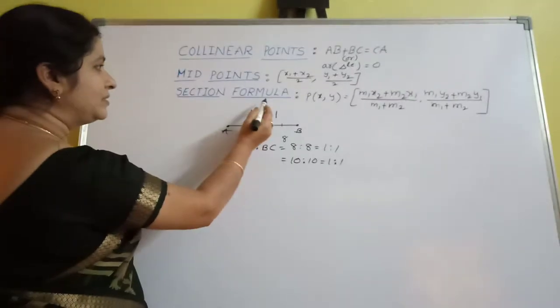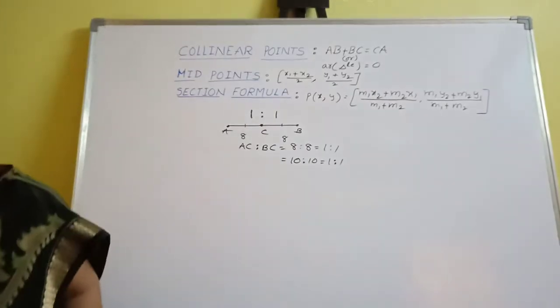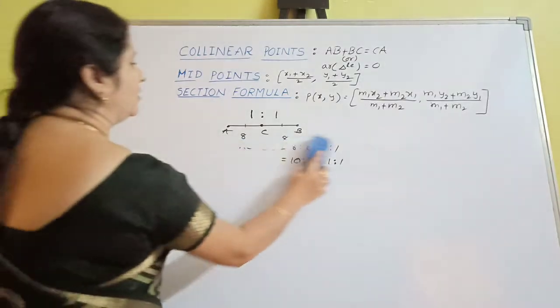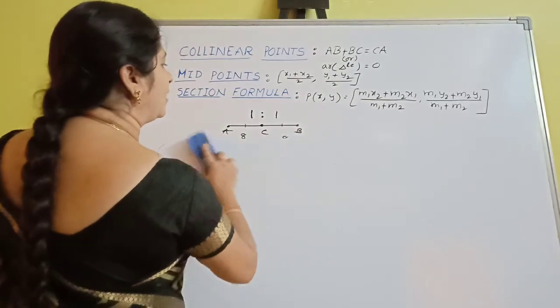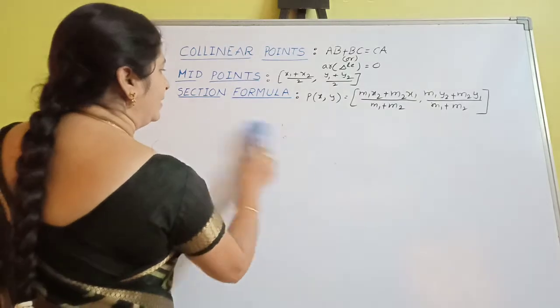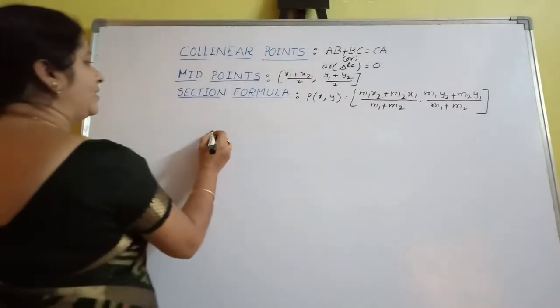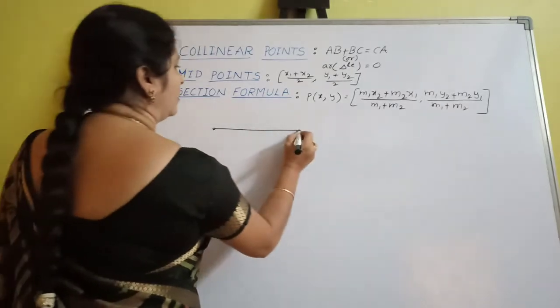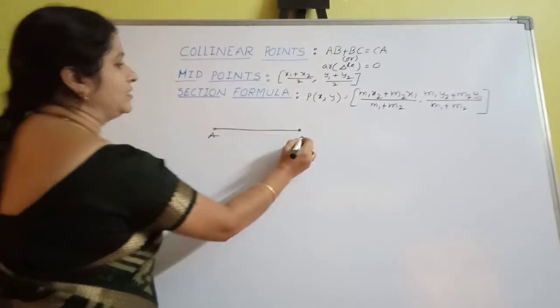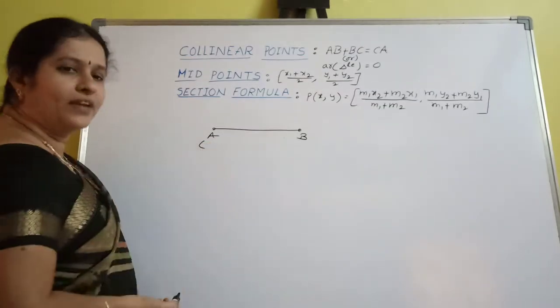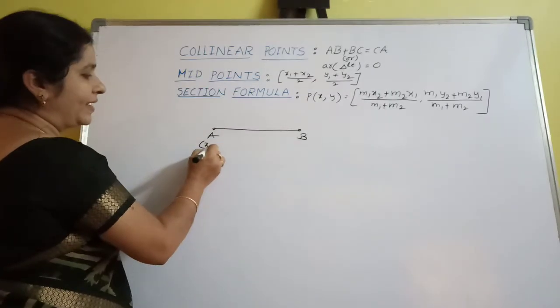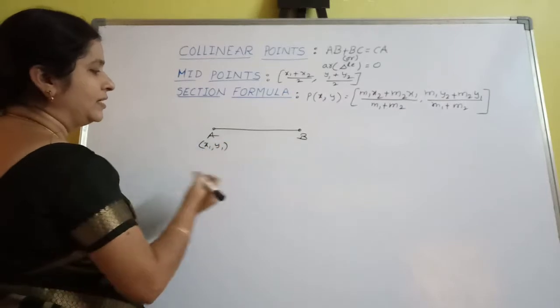Section formula means to take any point on the line segment, it divides the line segment into m:n ratio. Suppose here we are taking a line segment AB like this. What are the coordinates of AB? First coordinate x1, y1.